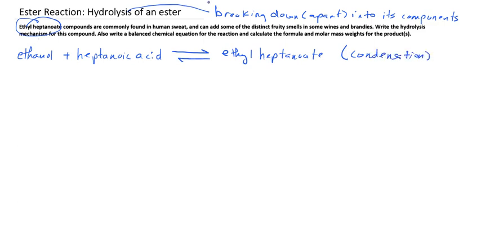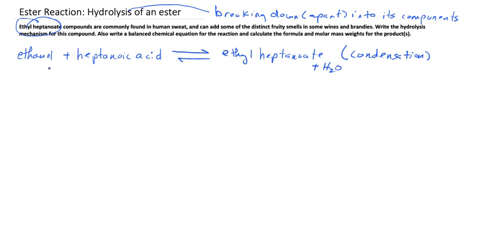Since hydrolysis is the reverse of that, then for hydrolysis, this becomes our reactant side, and this has to be our product side. Now remember, when these two form, we're going to get some water formed too. I always forget that.